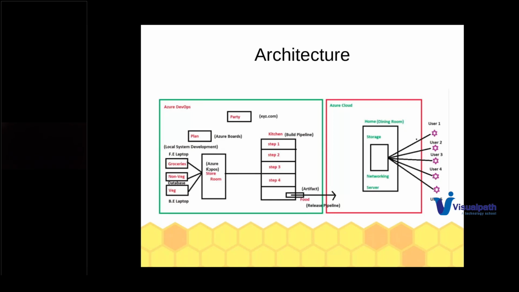I have to purchase the groceries, the non-veg items, the veg items, the masalas. Everything we have to purchase. After purchasing, buddy, I'll collect those items and I'll put them in my storeroom. That is nothing but Azure Repository, buddy.